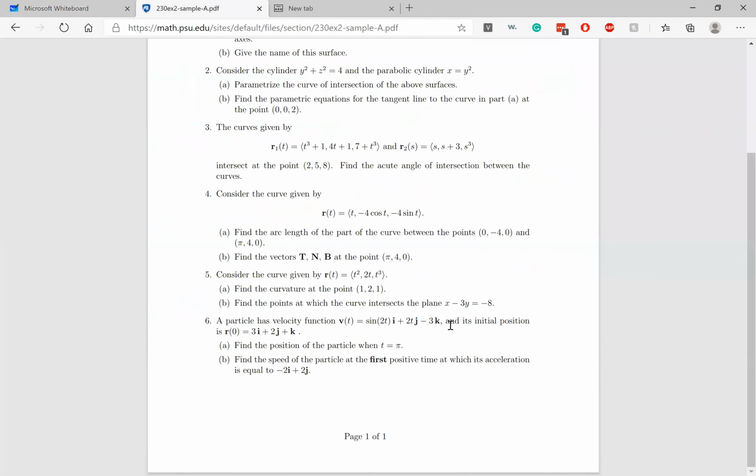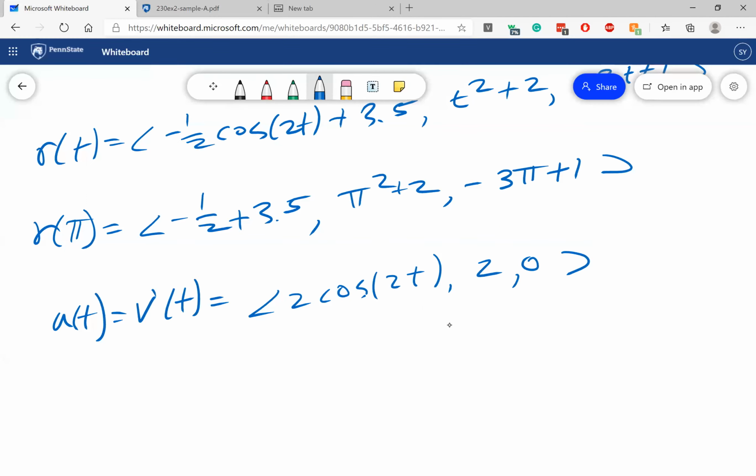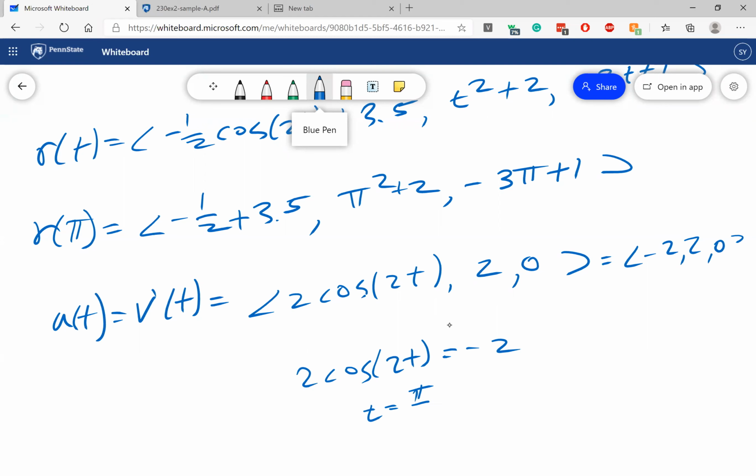We want to find the speed of the particle at the first time at which the acceleration is equal to (-2, 2, 0). So we need 2 cosine of 2t to be equal to -2, and that would be t is equal to pi over 2.